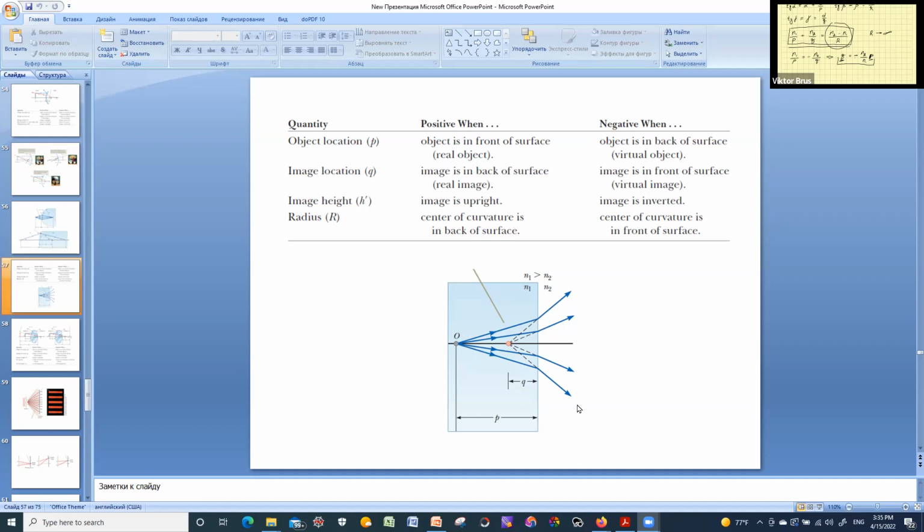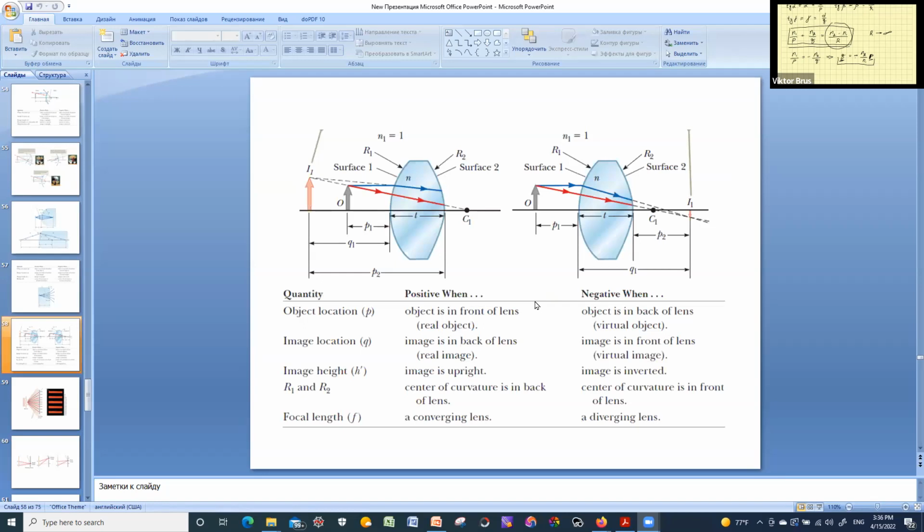Now with this, we can make one step forward and consider so-called image formation by thin lenses. Let us look at the next slide. So what is a lens? It's a combination of two curved surfaces, or one curved and one flat.